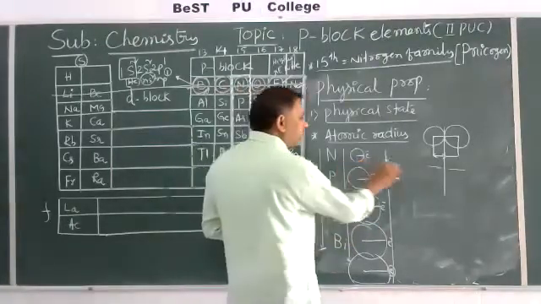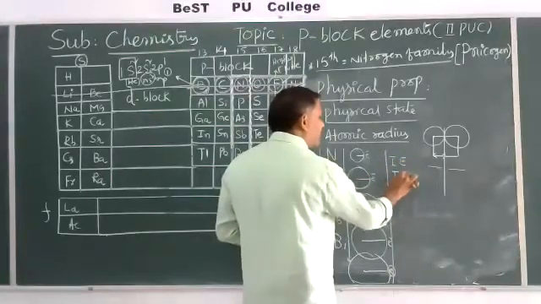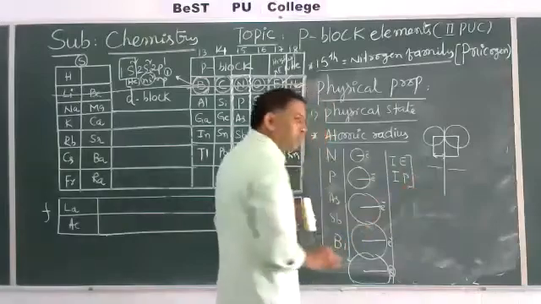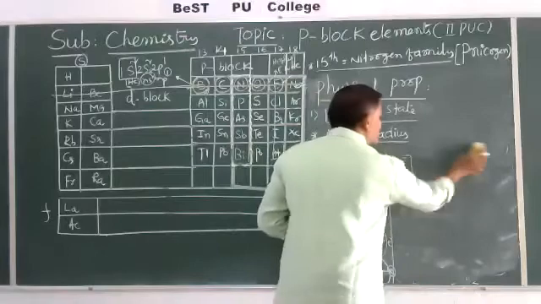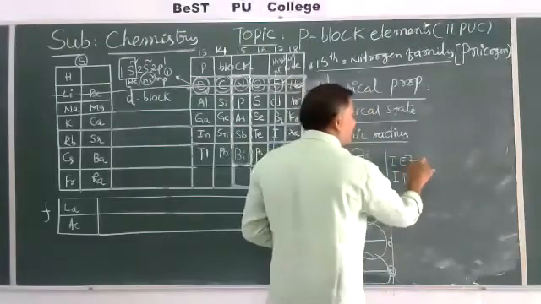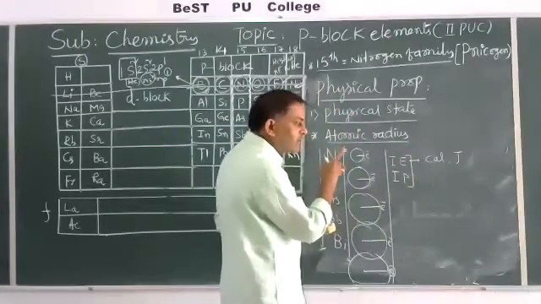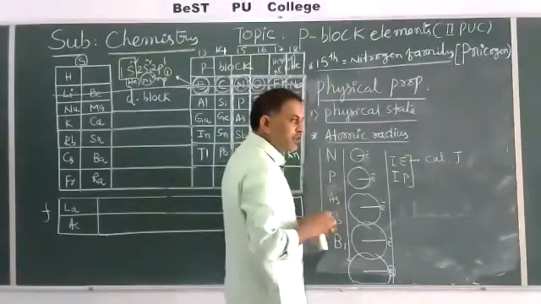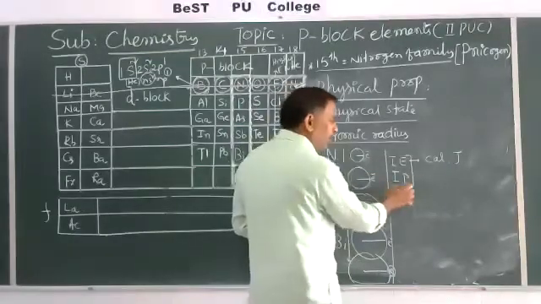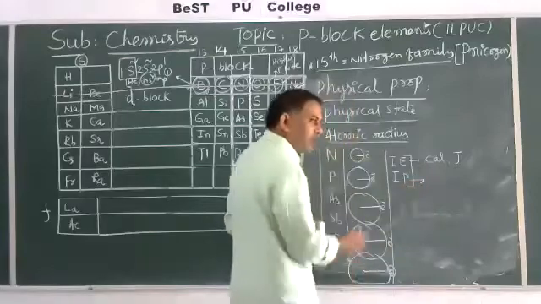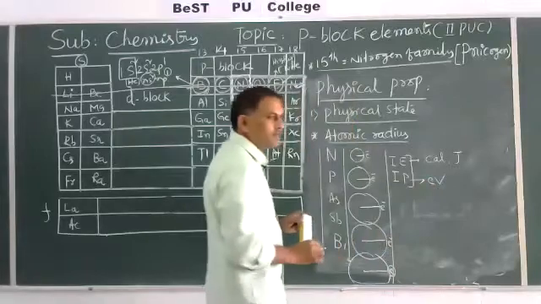Ionization energy and ionization potential are both the same, but if the value is expressed in terms of energy, it is in calories or joules. That is, we use ionization energy by heating. For IP, ionization potential, we send electrical potential, that is volts, electron volts, eV.